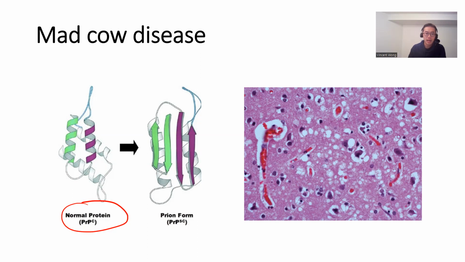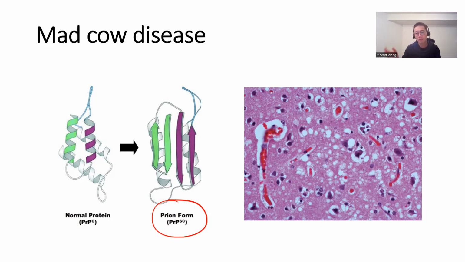Okay? And what happens is when the cow has mad cow disease, the protein is misfolded and then it becomes this form, which has all the sheets, right? Like the alpha helix has become the beta sheets, okay?